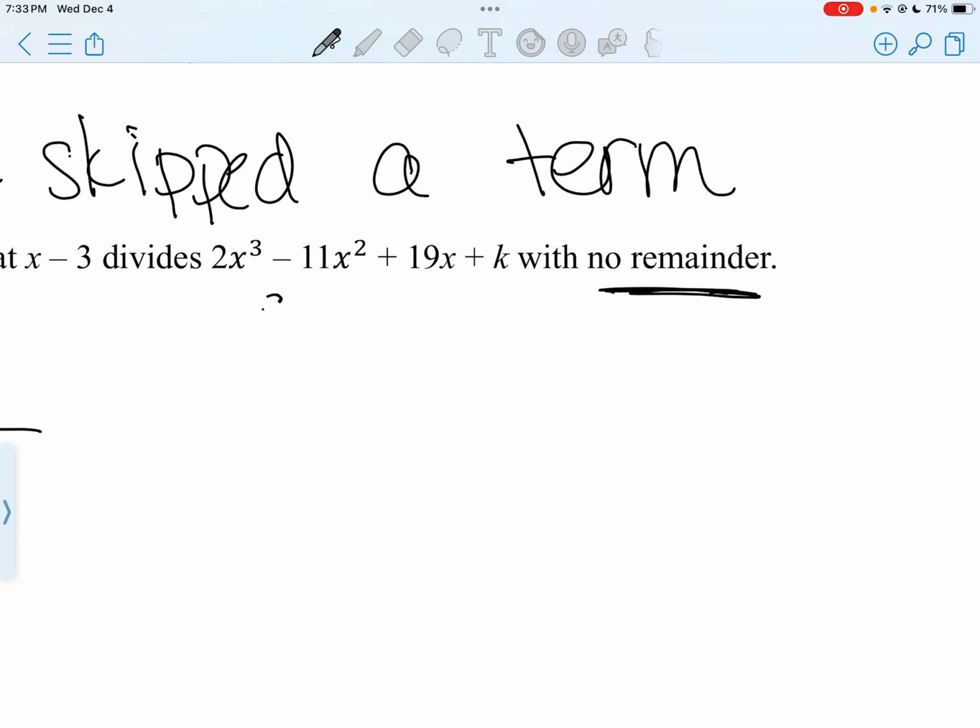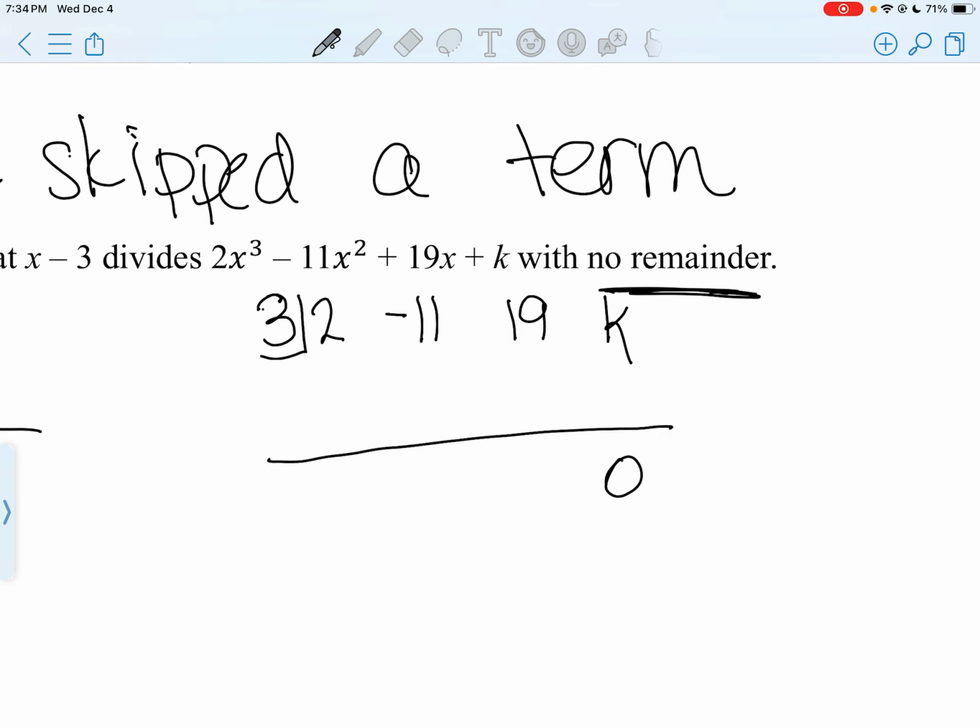So I'm going to have a 3 right here in this corner, and everything to the right is going to be the 2, a negative 11, a 19, and a k. Once again, I want my remainder, which is my last number, to be 0.